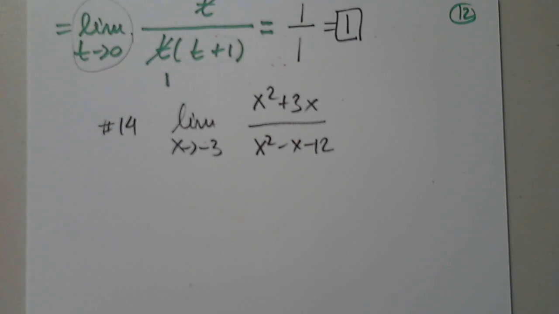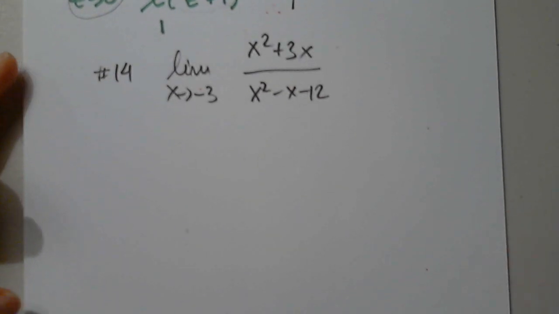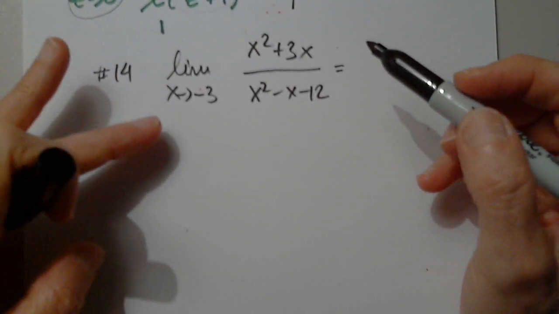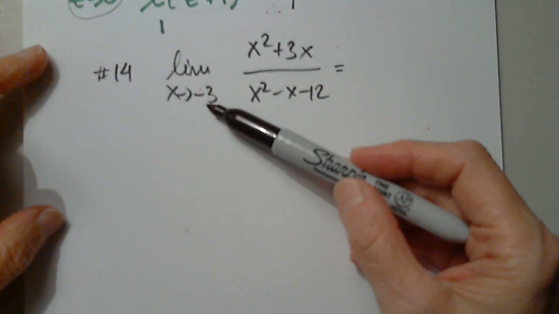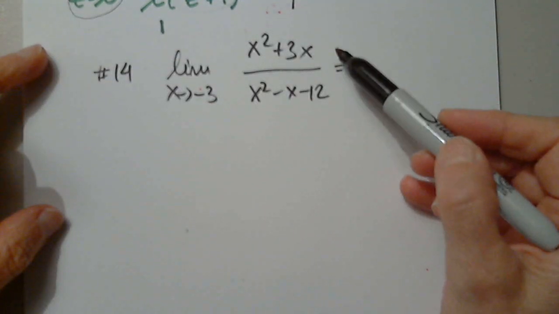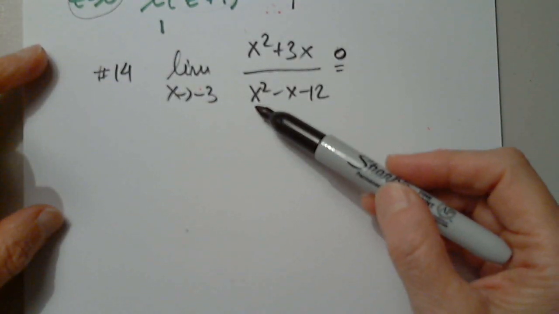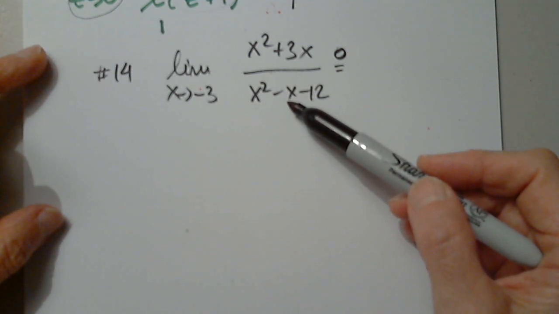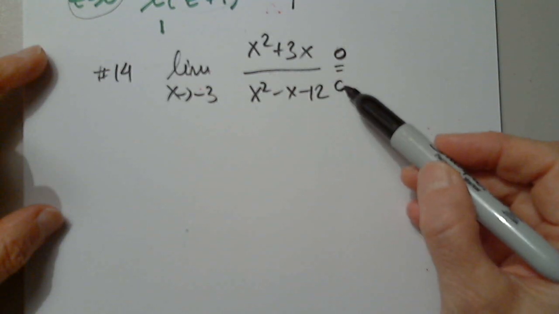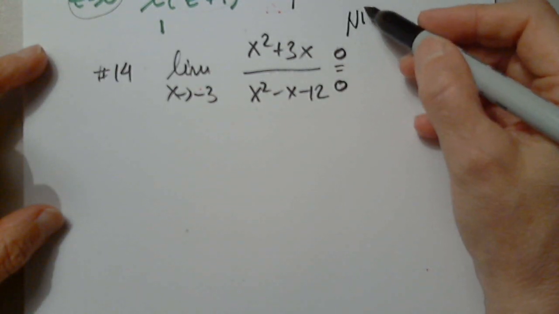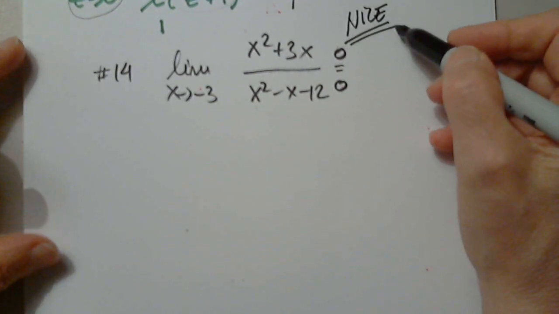Okay, so let me quickly go through this. When you plug in -3 in the numerator, you have 9 minus 9, which is 0. In the denominator, you have 9 plus 3, which is 12, minus 12 is 0. So this is nice because there is hope.